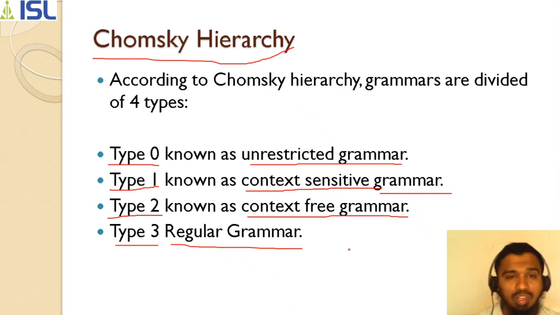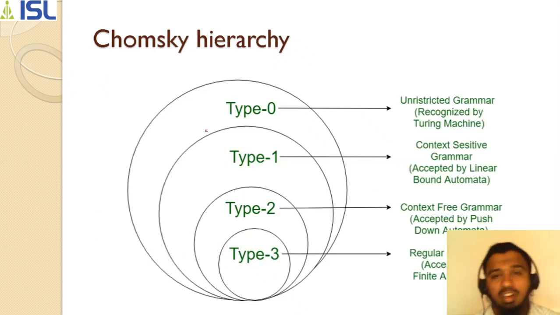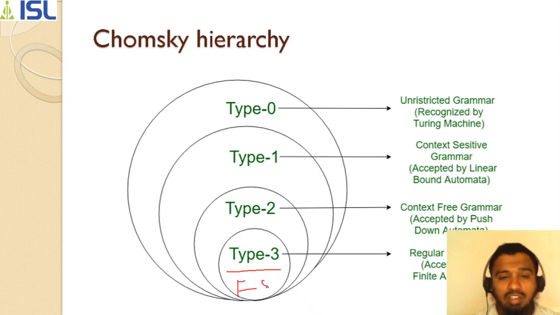When you see the diagram you will easily understand. See, this is type 3, as we have done here, finite state machine, FSM, already we have done that. So this is called regular grammar, accepted by finite automata.